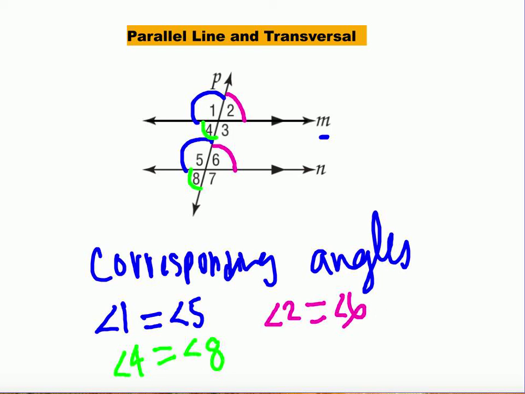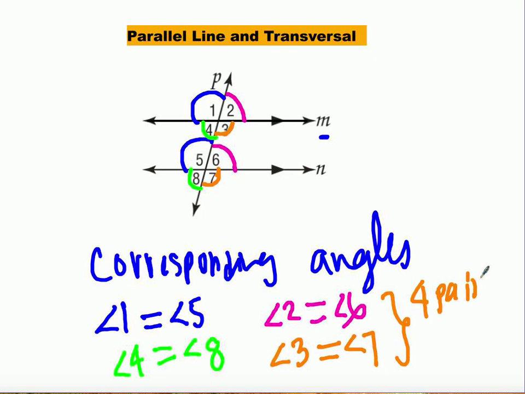Lastly, we have angle 3, right here. If we slide it down, it will match angle 7. So angle 3 corresponds to angle 7. So these are 4 pairs of corresponding angles, and these pairs are congruent. So 1 equals 5, 2 equals 6, 4 equals 8, 3 equals 7.